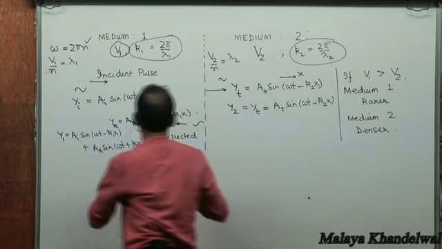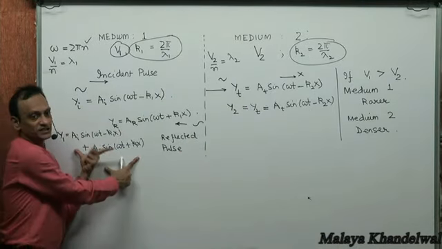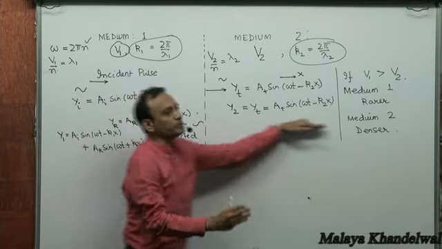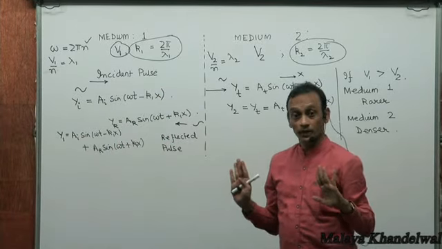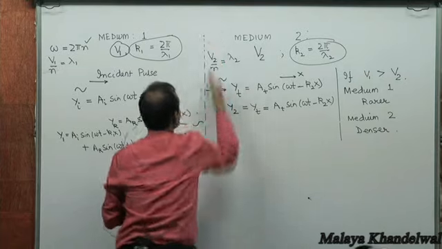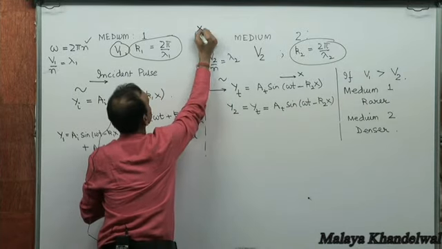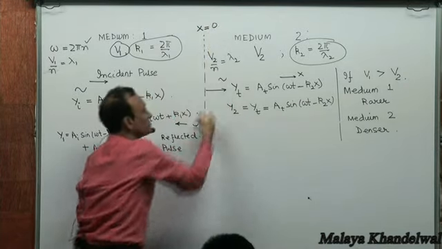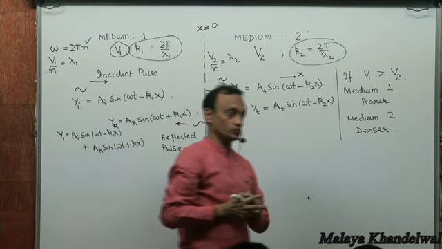So eventually, what you see in medium 1 is this. What you see in medium 2 is this, right? And let me call this boundary x equal to 0.